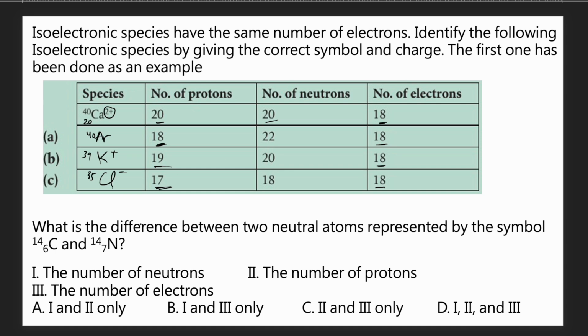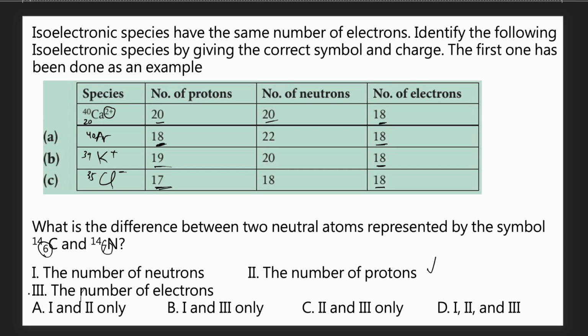What is the difference between two neutral atoms represented by the symbol? We've got carbon and nitrogen. The difference between these two: we compare 6 and 7. The proton number is different.